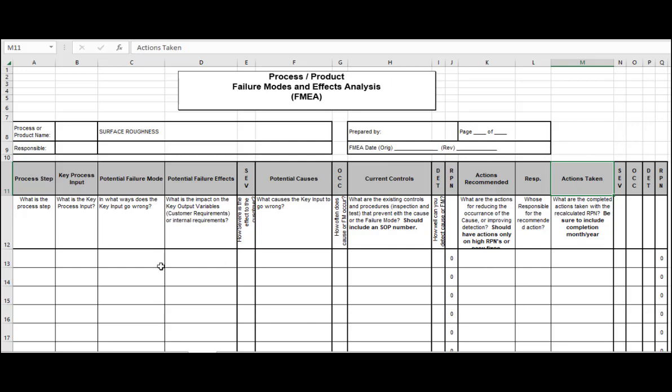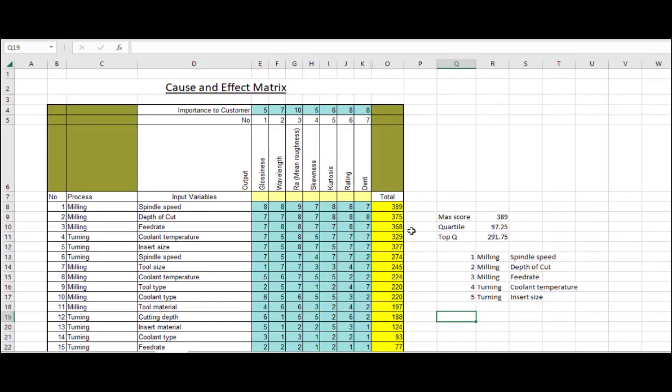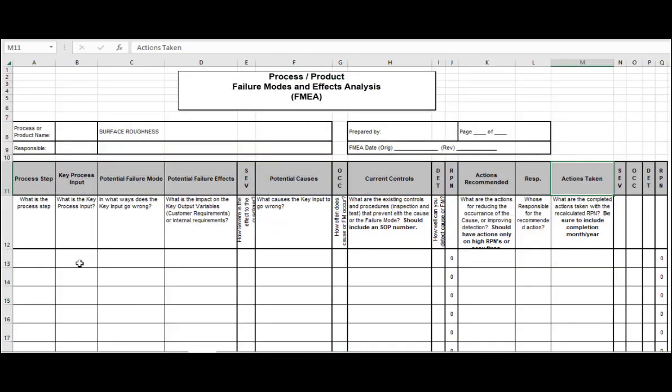So what we will do here is transfer the information from the cause and effect diagram, especially the process and the critical inputs that we already chose, into the FMEA. So now the process step, the first process that we consider here, taken from the cause and effect, is the milling process.